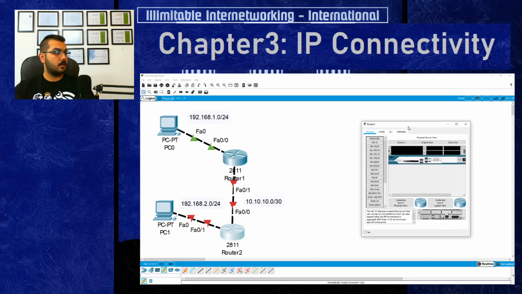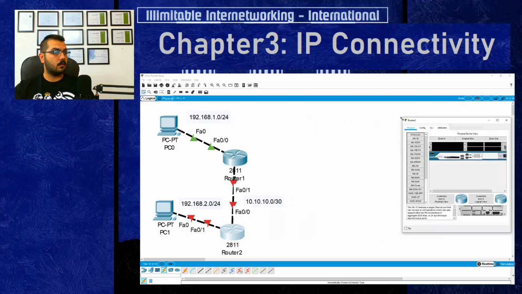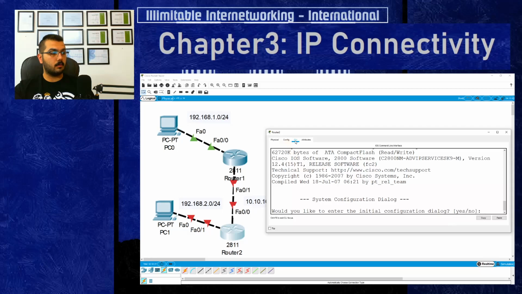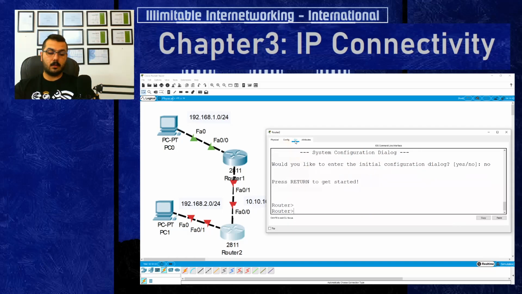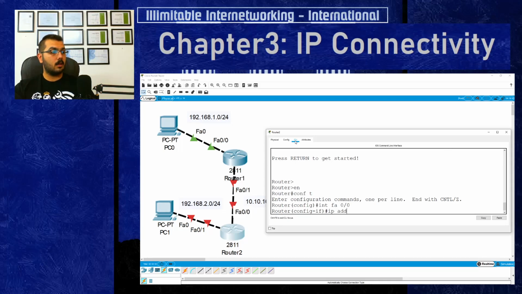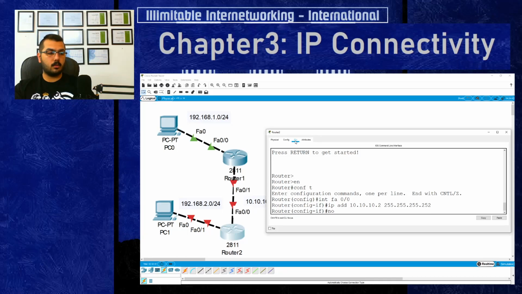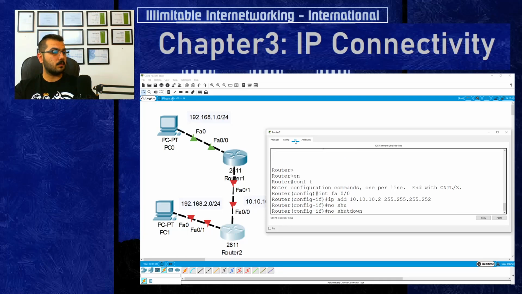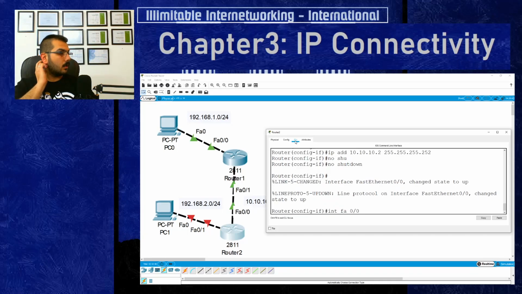For R2, the same thing, it's only the initial config, should not be confused about something. Enable, configure terminal, interface FastEthernet 0/0, IP address 10.10.10.2 and /30. No shutdown, should make everything come up between them now. Good.